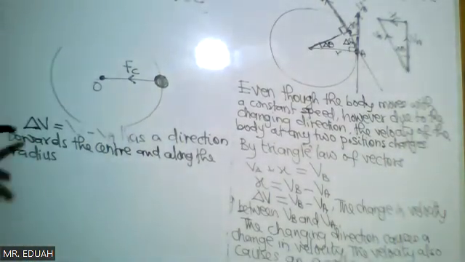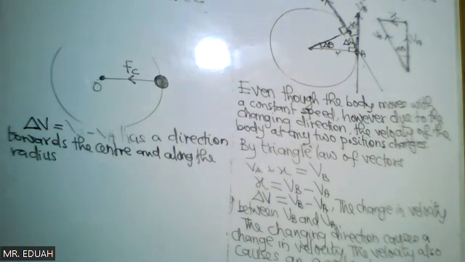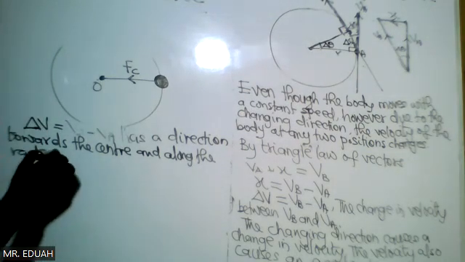Okay, so the delta V, the change in velocity, has a direction towards the center and along the radius.